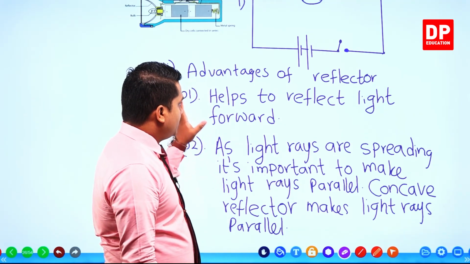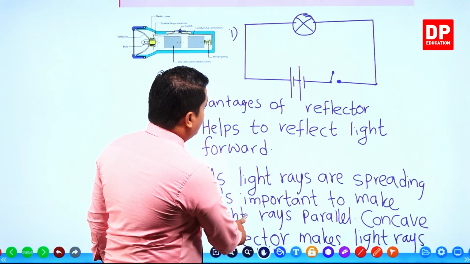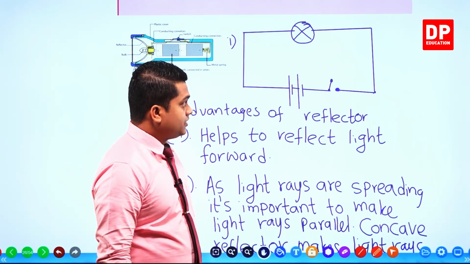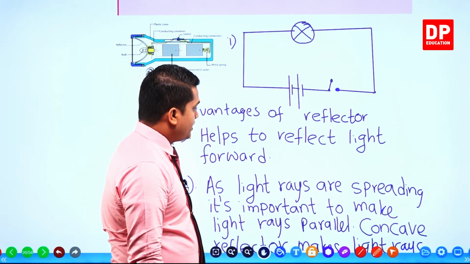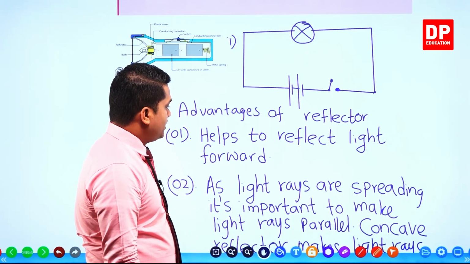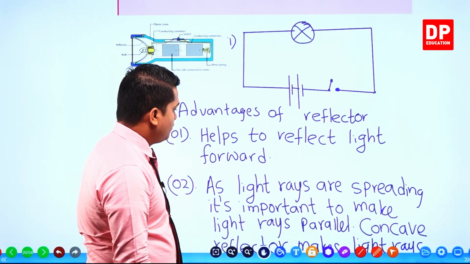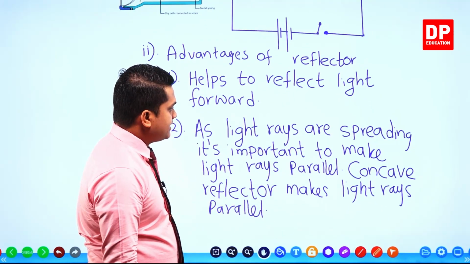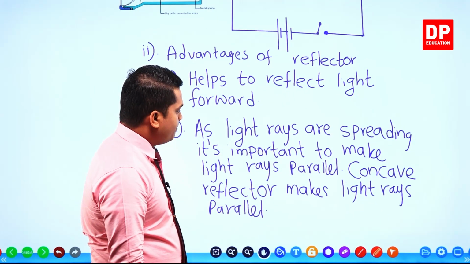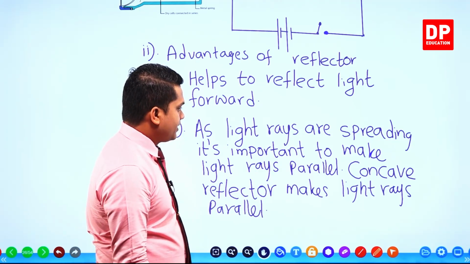So first of all, the circuit diagram of the torch. Then after that, the two advantages of using the reflector: it helps to reflect light forward. And next one, as light rays are spreading, it's important to make light rays parallel.